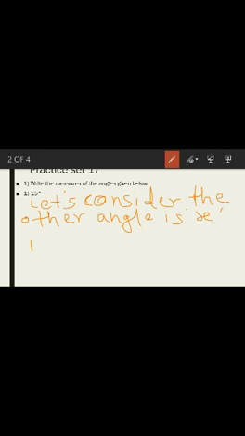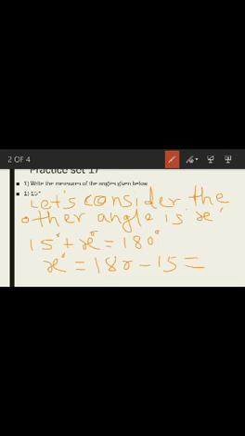Now the given angle is 15 degrees, plus x. Now we know that these are supplementary angles. So 15 degrees plus x degrees is equal to how many degrees? 180 degrees. This is the equation, and we can solve it. x degrees is equal to 180 degrees minus 15.